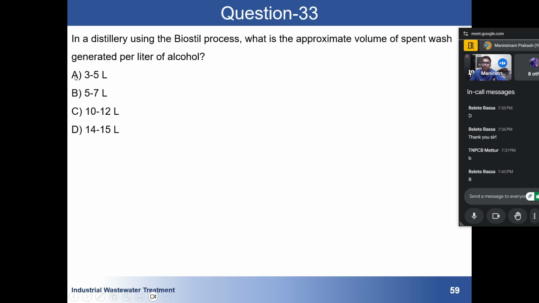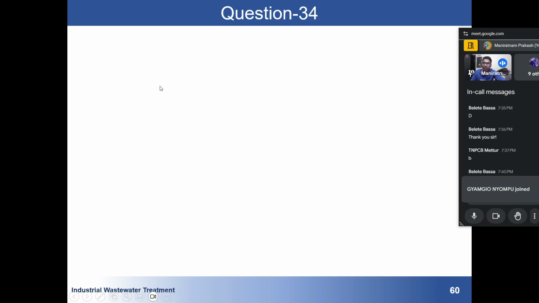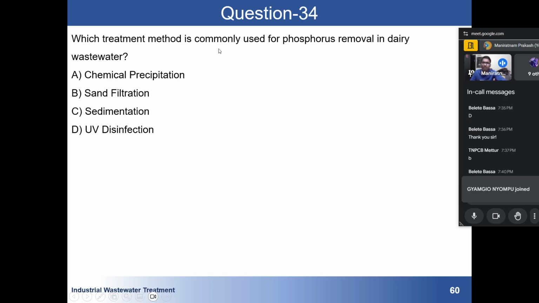This is a repeat of what we have discussed. 5 to 7 liter. Which treatment method is commonly used? Try to answer it. In dairy, apart from activated sludge process, which we have seen, what is the other method that is also used?